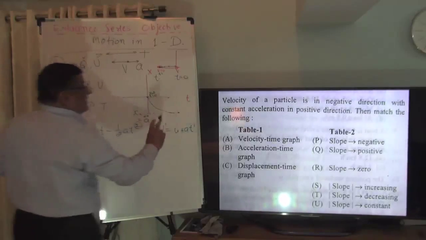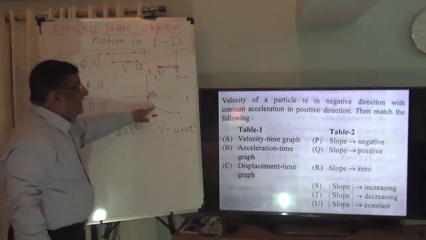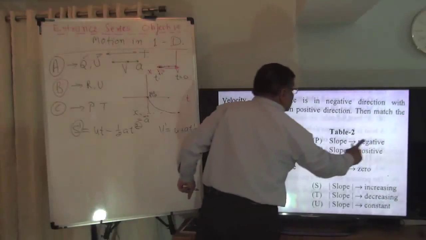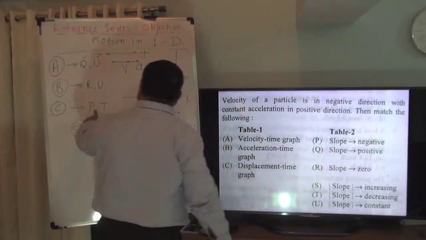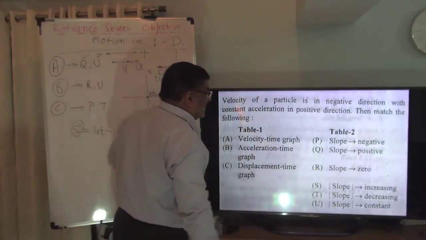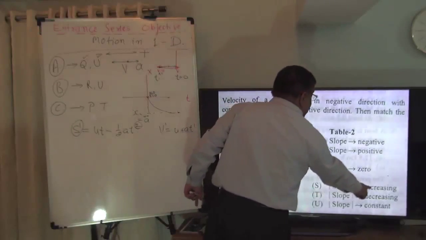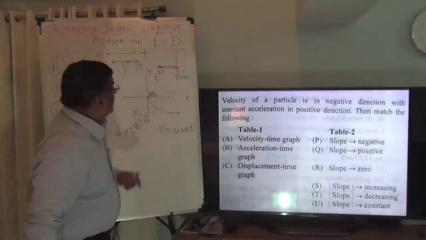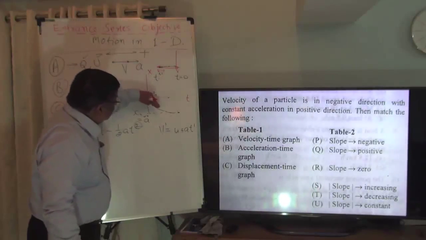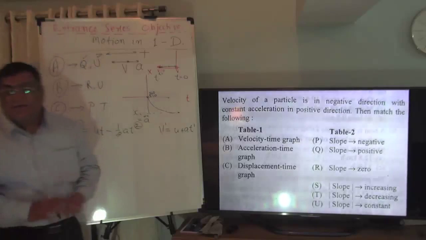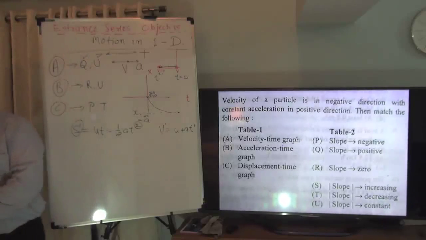Yes. And in words, what does it mean? It means the slope is negative, number 1, and the second thing is the slope is decreasing. How decreasing? First it was more, then it was less, then it was less. So the slope is decreasing.